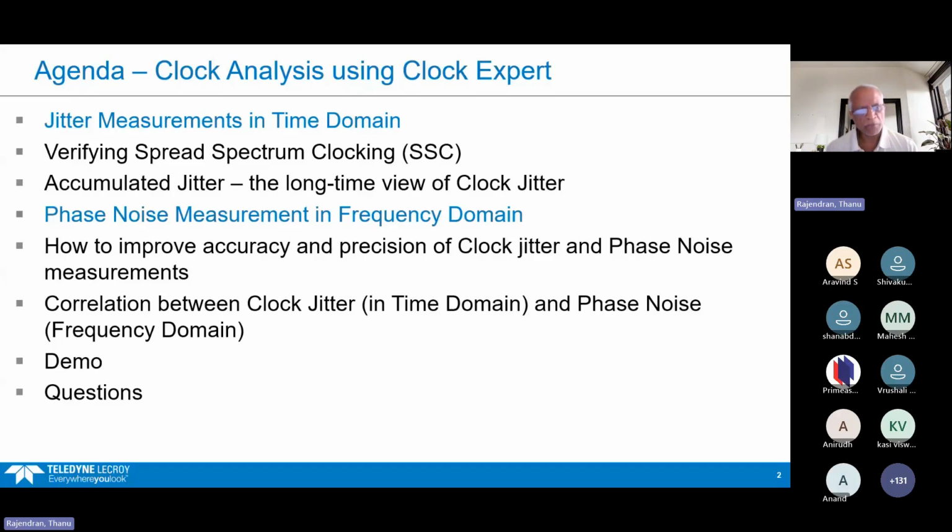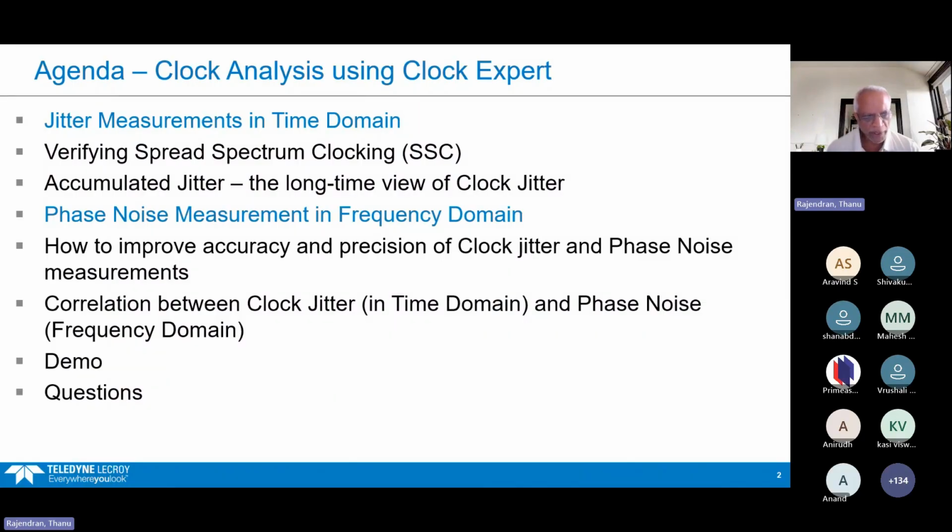Then we have the accumulated jitter measurement, which is a periodic jitter measurement, and the frequency domain measurement, which is phase noise. Then we have the relationship between the clock jitter in the time domain versus the phase noise in the frequency domain, and also a correlation between the clock jitter in the time domain as well as in the frequency domain.